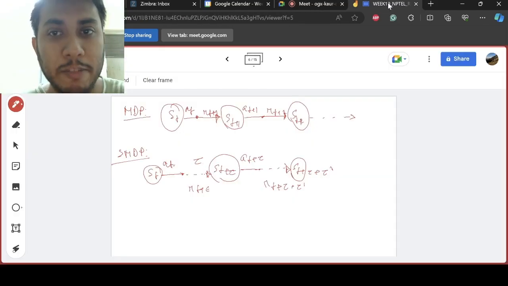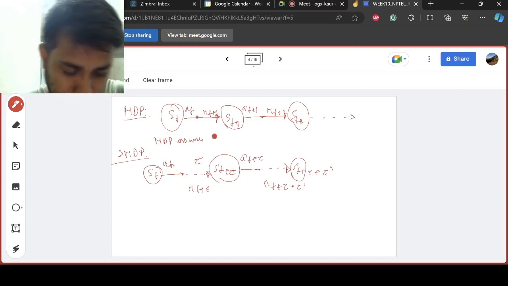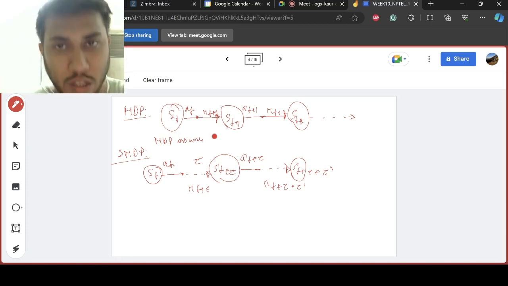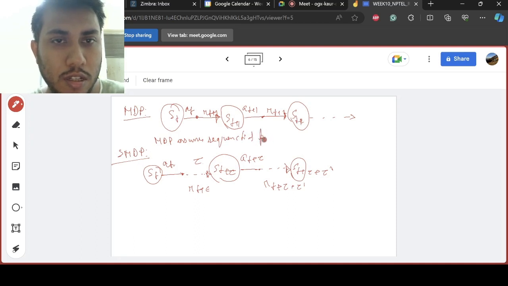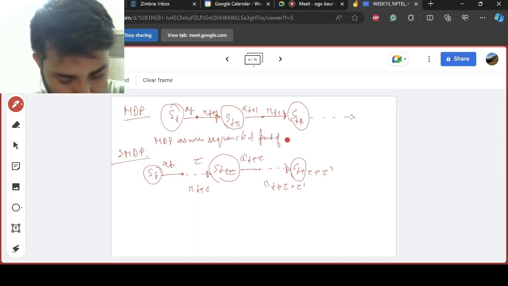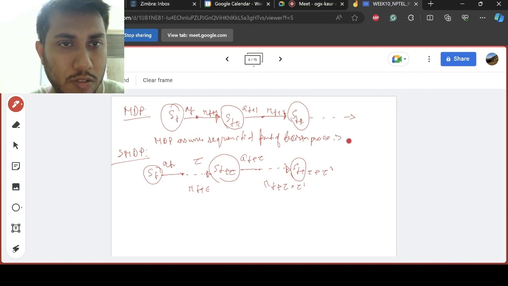So what is the difference between MDP and SMDP? MDP assumes only the sequential part of the decision process is relevant, time spent is not.